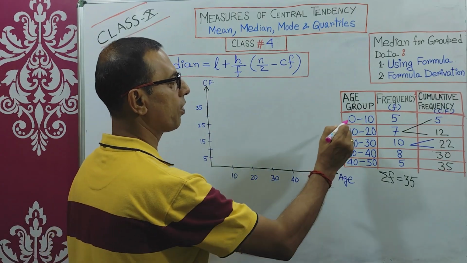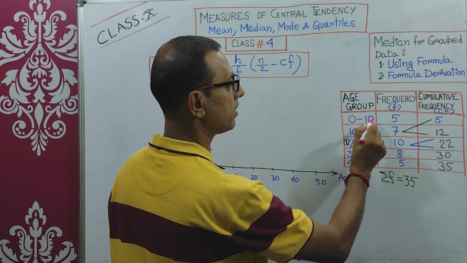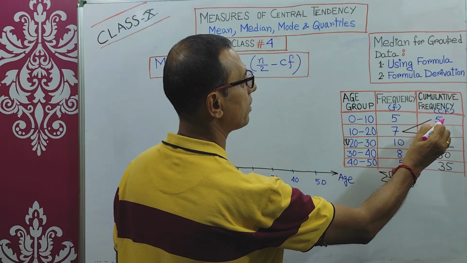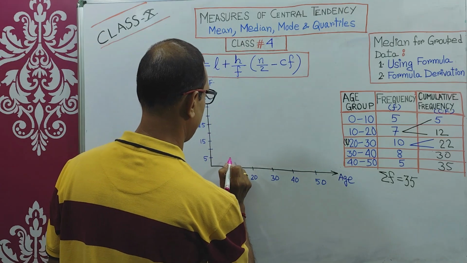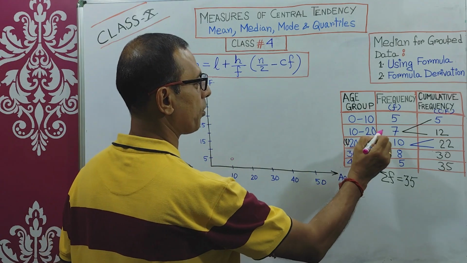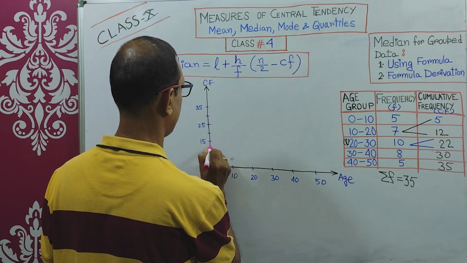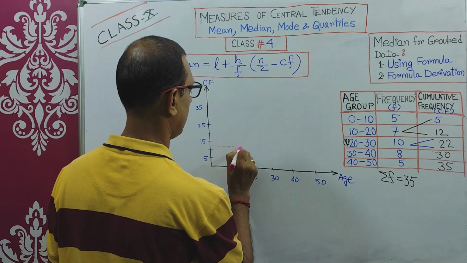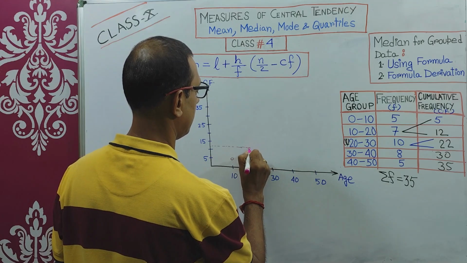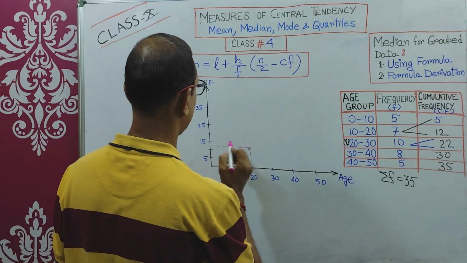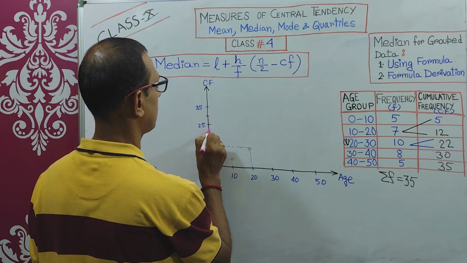For each class interval you take the upper bound, 10, that is the observation value, along with the cumulative frequency, that is 5. So the first point is (10, 5). The second point is (20, 12), then (30, 22).